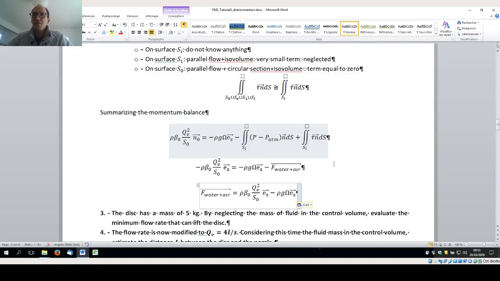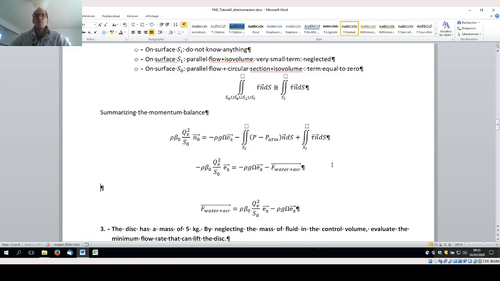Here we are. So the force exerted by the fluids on the plate is expressed as this formula, very simple formula, where the force of water on air is simply function of only the flow rate square, here with the kinetic coefficient here, and something associated to the weight of the fluid.